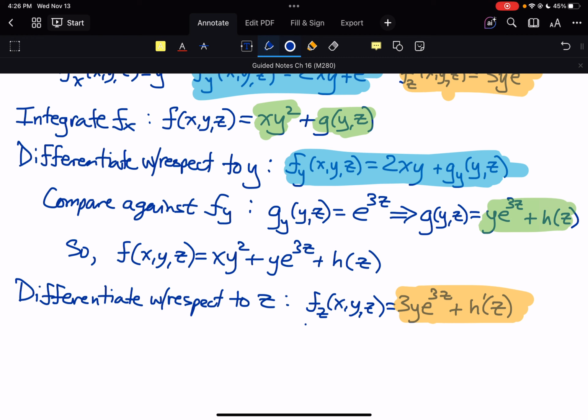So what does that mean? Well, that means h prime of z is nothing, which means that the original h of z must have just been a constant, k. That's the only thing it could be, because this is a function of one variable now.